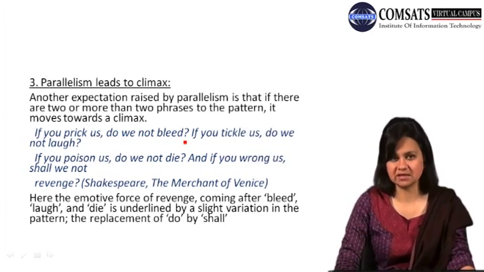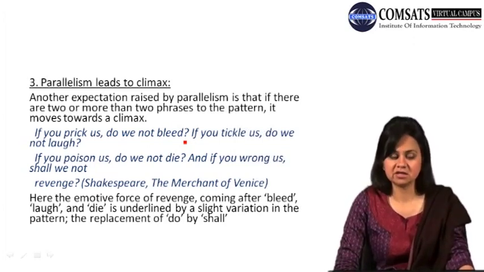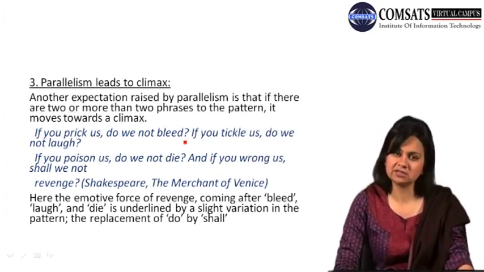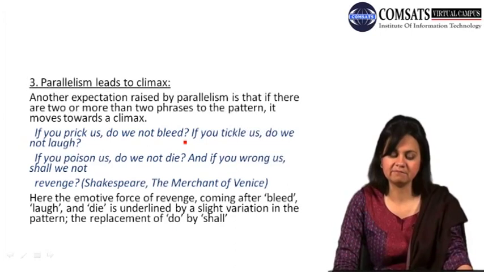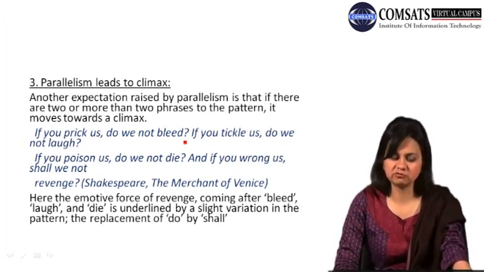Now observe this line that starts with, if you prick us, do we not bleed? Now look at the structure of the rest of the three lines. These three lines that follow, if you prick us, do we not bleed, follow the same structure, with the help of a slight change in the form of the change of verb. That prick changes into tickle, bleed changes into laugh. If you prick us, do we not bleed?